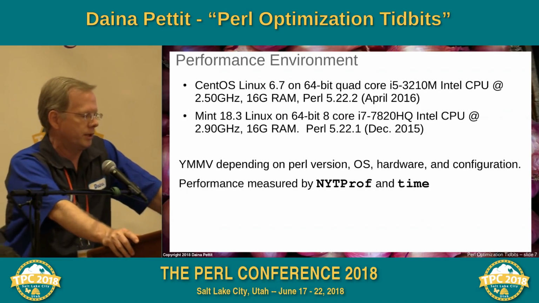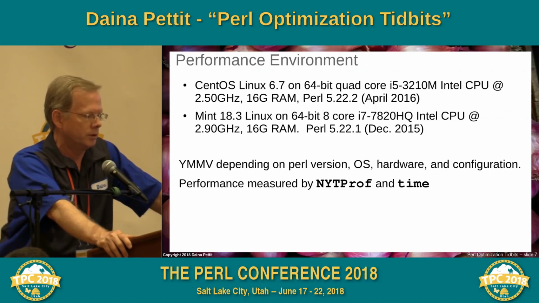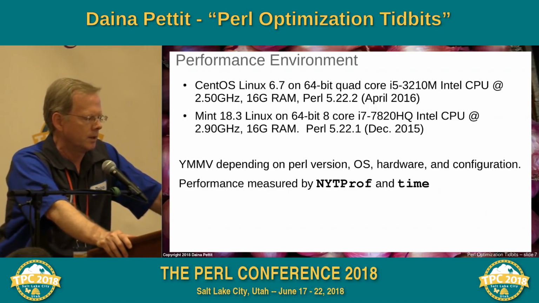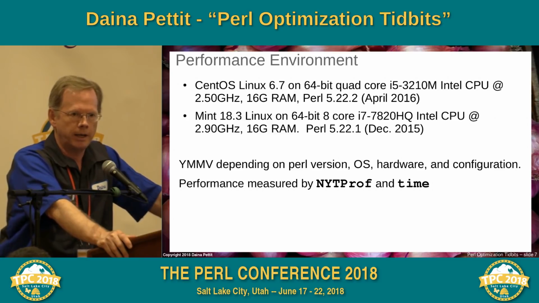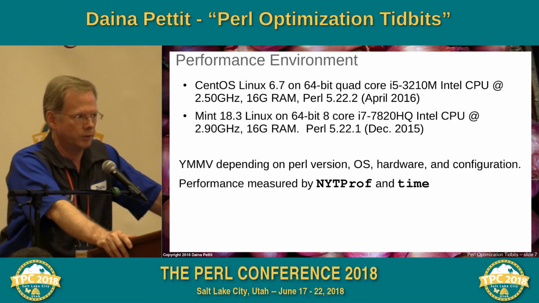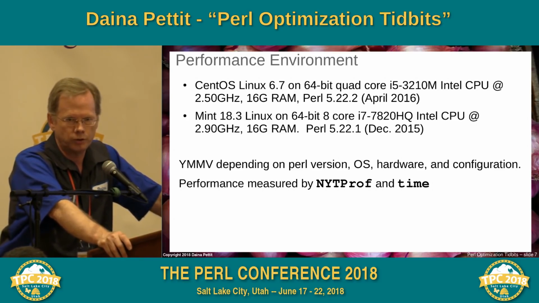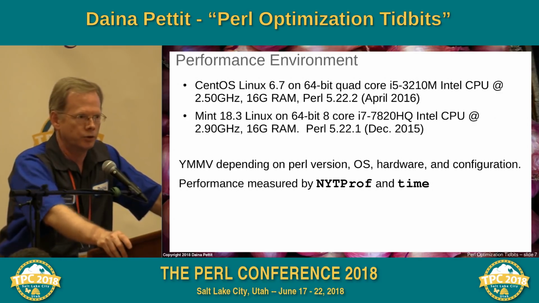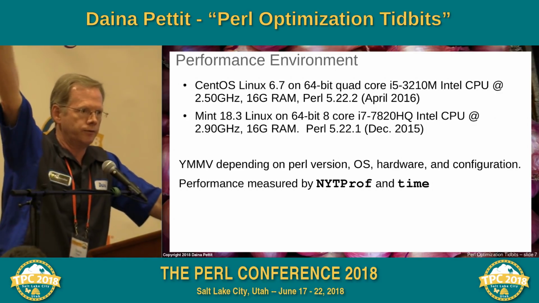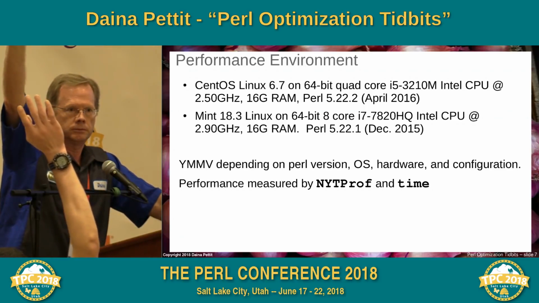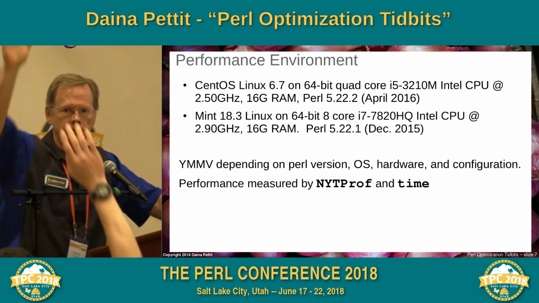So what I used for testing, I used a couple different systems. Both had various versions of Perl 5.22. I know if you're using Perl 5.26 or 5.28, you might have some performance enhancements in those. There were some significant optimizations that took place in those, but is there anybody actually using 5.26 or 5.28 in production? Oh, a few people. Good for you.